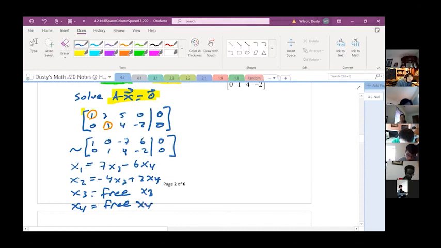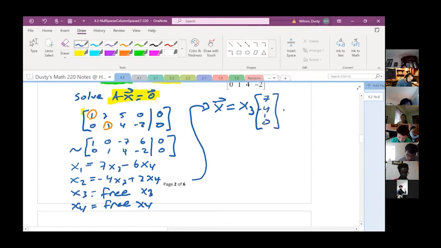So this takes us to the place where x is equal to x3 times 7, -4, 1, 0, plus x4 times -6, 2, 0, 1.